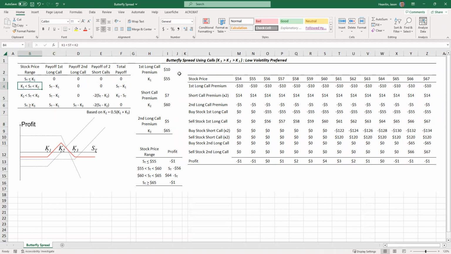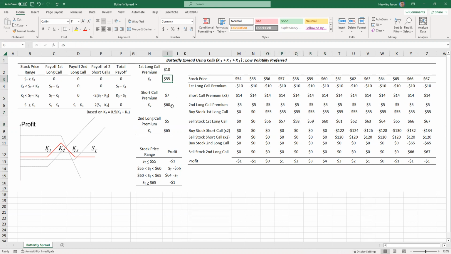If the stock price is between K1 and K2, meaning between 55 and 60, we're looking at this range here. Notice that in this case, some exercise took place here, and that is your first long call because the stock price is greater than the strike price.